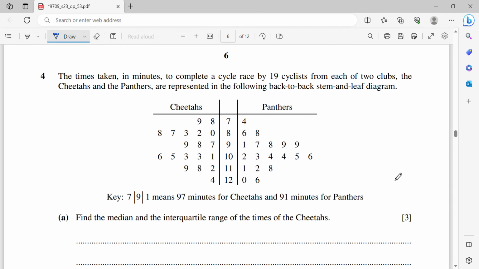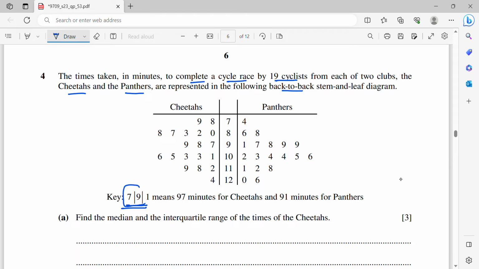Now for question number 4, the times taken in minutes to complete a cycle race by 19 cyclists from each of the 2 clubs, cheetahs and panthers, are represented in the following back-to-back stem and leaf diagram. So look at the key here, 7|9|1.